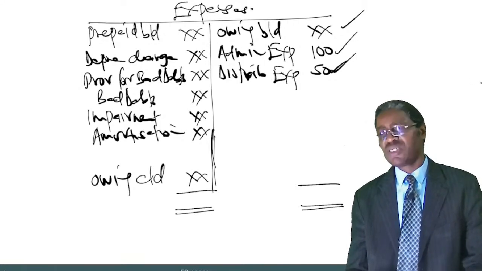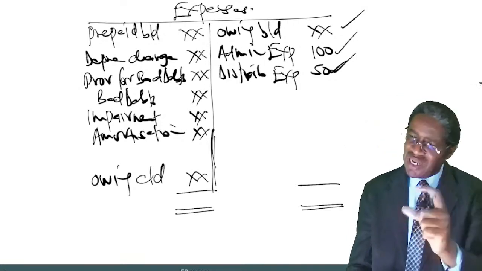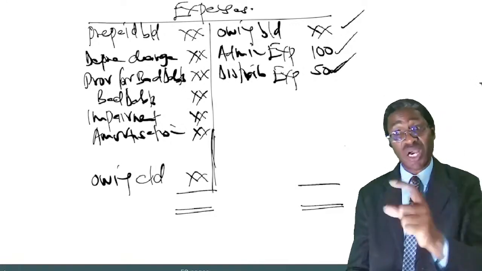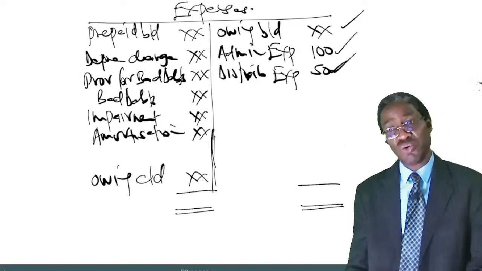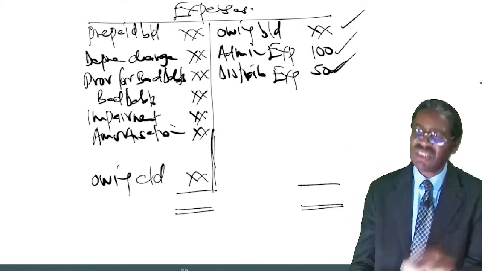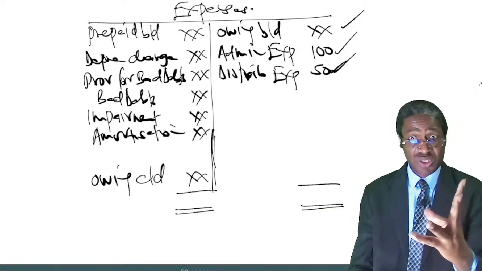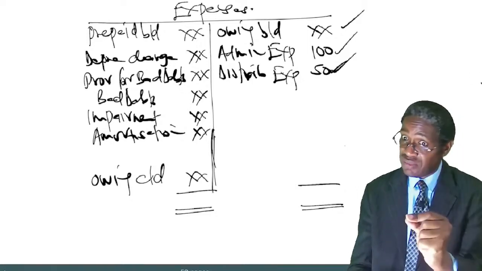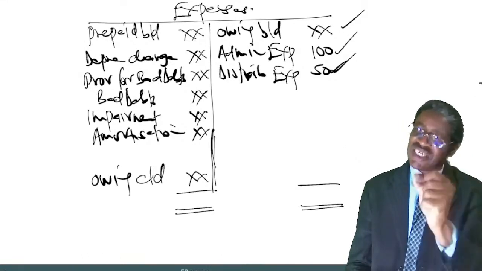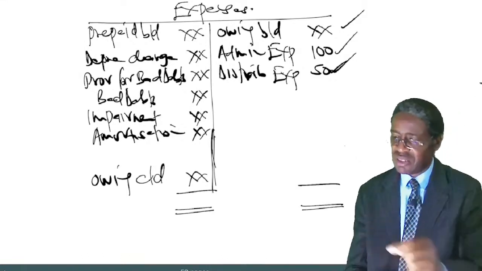Listen, same. You went to the balance sheet this year, and among your current assets, you saw there was a prepaid expense, maybe electricity, insurance, whatever it was. It is an asset. A prepaid expense is an asset. An asset is always a debit balance.